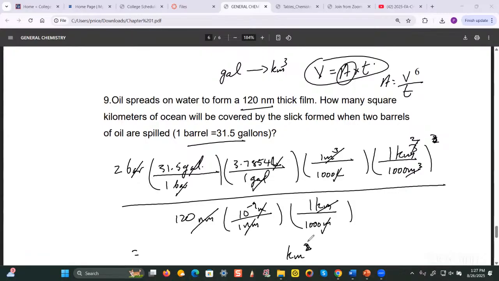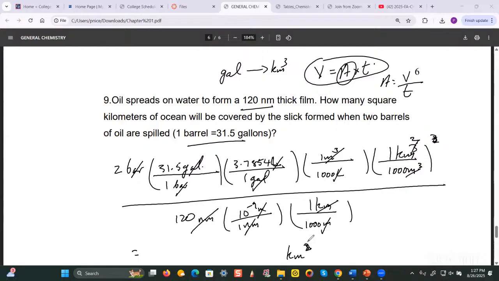So let me do the calculation here. 2 times 31.5 times 3.7854 divided by 1,000.